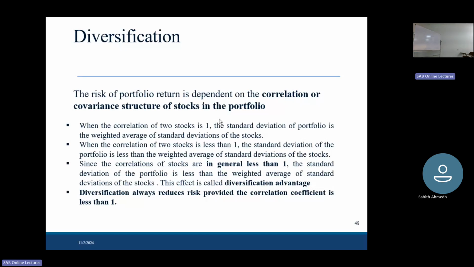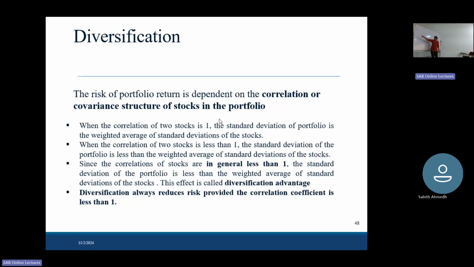Then your portfolio standard deviation, this 2.28, is exactly equal to the weighted average standard deviation value. At that time, there is no diversification advantage, no diversification benefit, right? Because simply portfolio standard deviation is also on a straight line. It is the weighted average standard deviation. So therefore, no diversification benefit. With the diagram, I will show you that.